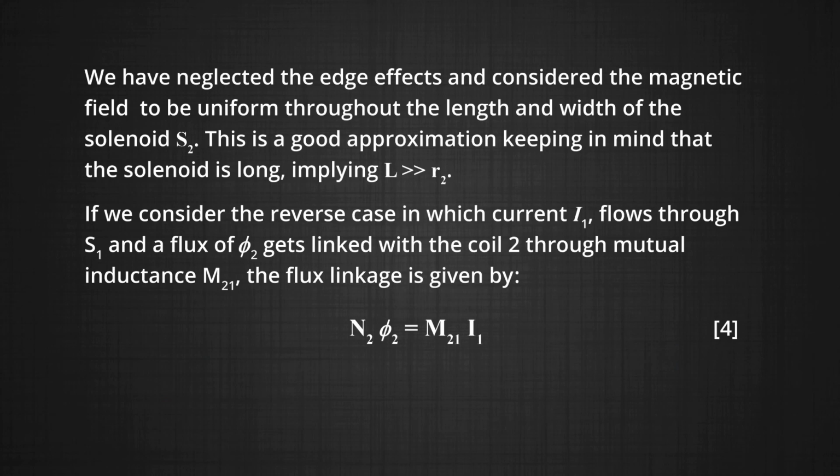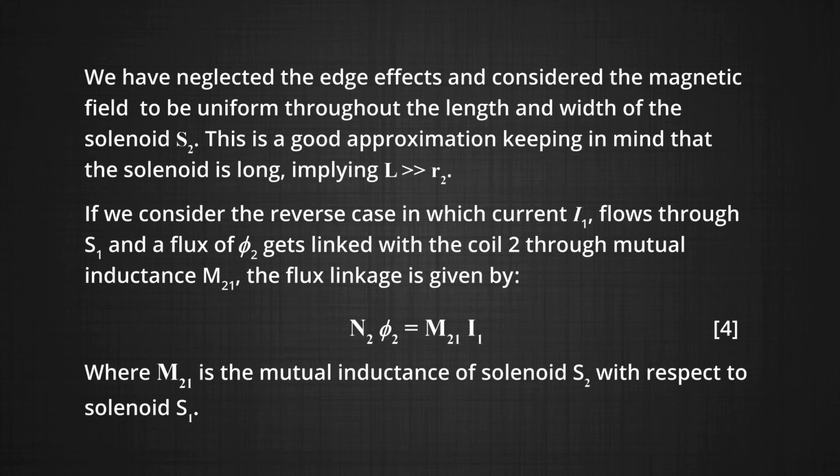The situation is somewhat similar but not exactly similar, and the flux linkage with coil 2 is given by N2 phi2 equal to M21 I1, where M21 is the mutual inductance of 2 with respect to 1.